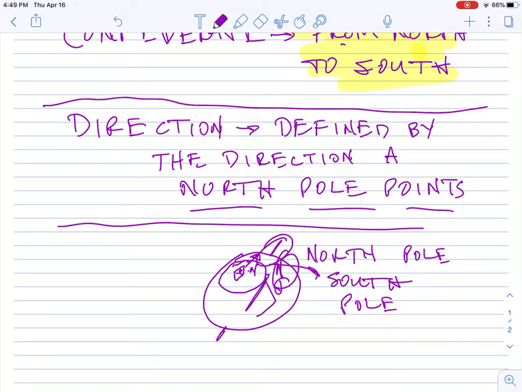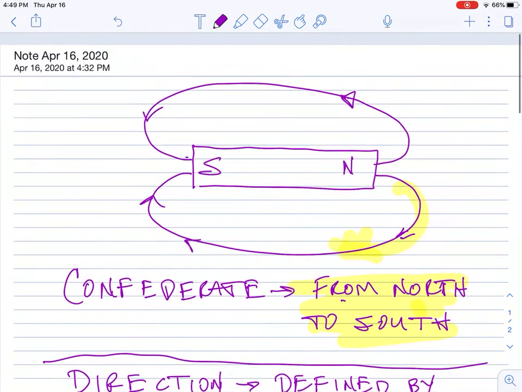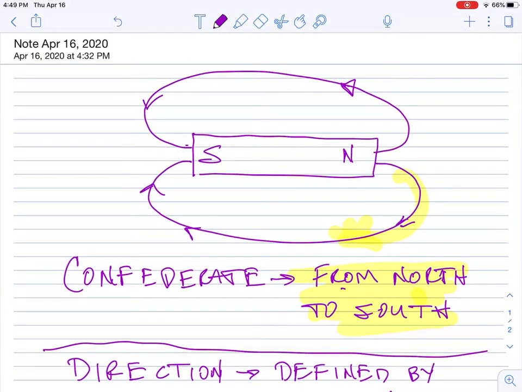Which is a little bit like, oh, seriously? Yeah, because that's how you define north. So if I were to put a magnet out here, and this end would be the north end, that north end of this magnet is going to point towards that south pole.